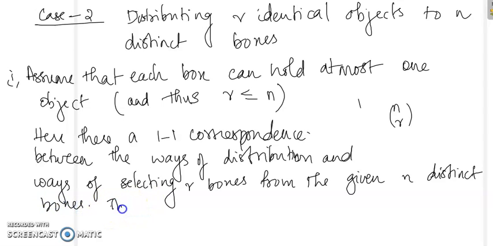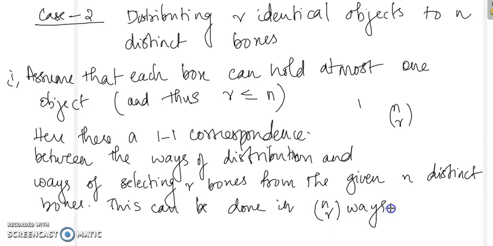So this can be done in nCr ways. So that is the required number of ways.